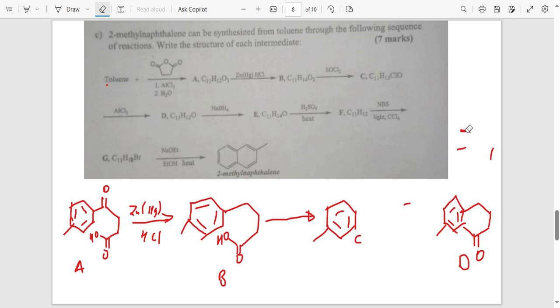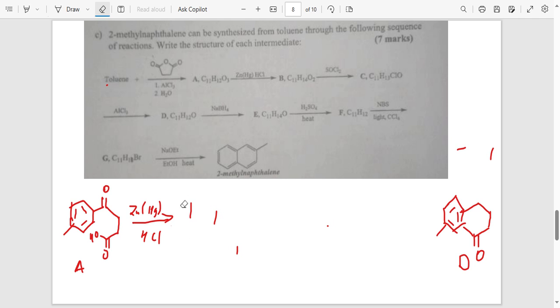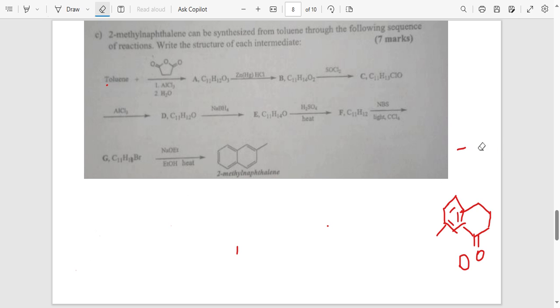So we continue from structure D. Now look at the reactant that we are reacting structure D with: sodium borohydride. We've been mentioning this. From sodium borohydride, we just get hydride. That's the only thing that you get.